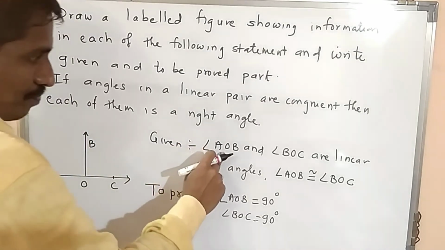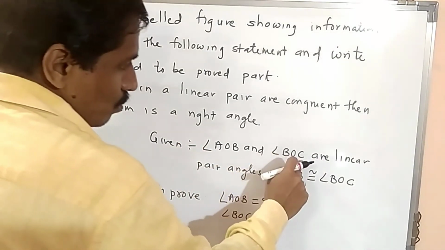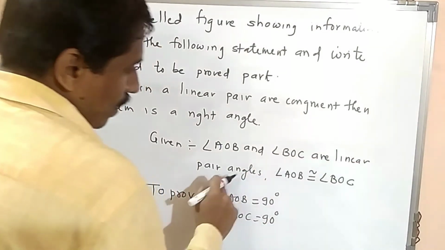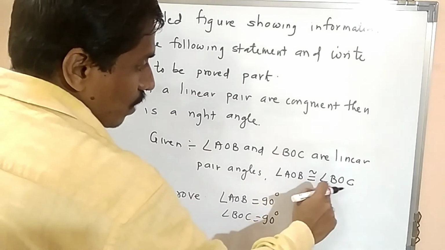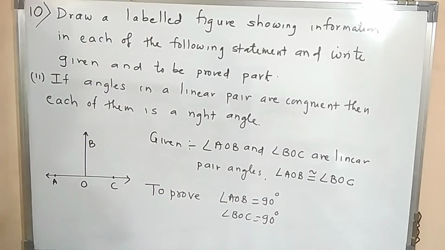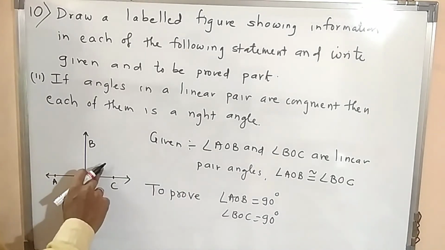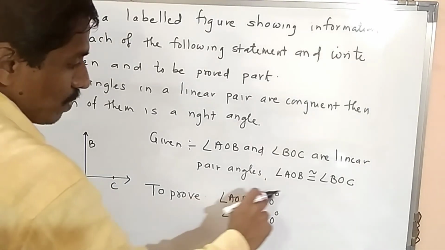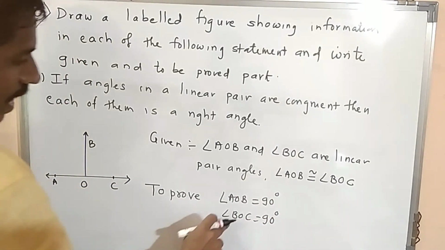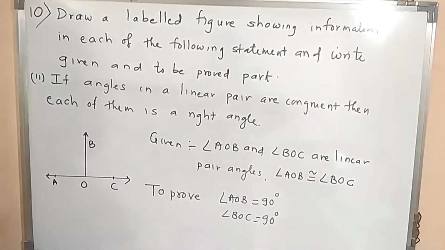Angle AOB and angle BOC are linear pair angles, and angle AOB is congruent to angle BOC. Then what we will get? We will get angles are right angles. So to prove part is angle AOB is 90 degrees, angle BOC is 90 degrees.